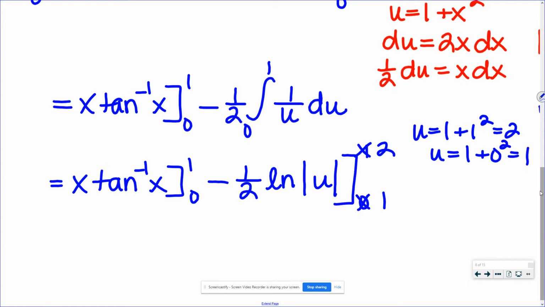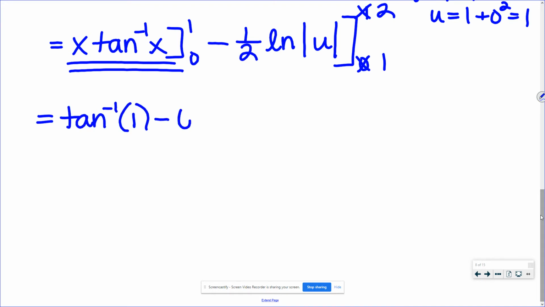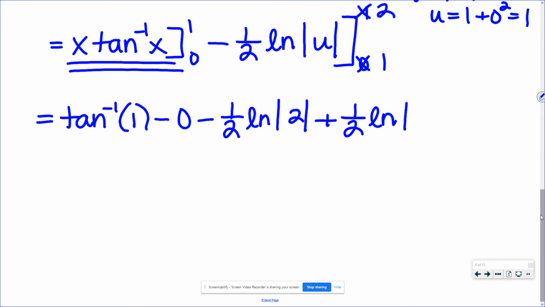And now I'm going to do a whole bunch of plugging and evaluating. Over here, I still have to evaluate this first thing. That was my uv. I have to plug 1 and 0 into that as well. So it would be 1 times inverse tan of 1 minus 0, because I would plug in 0 for x, and that would eliminate that whole thing. And then over here, I have 1/2 ln of 2 plus, because of the double negative, 1/2 ln of 1.